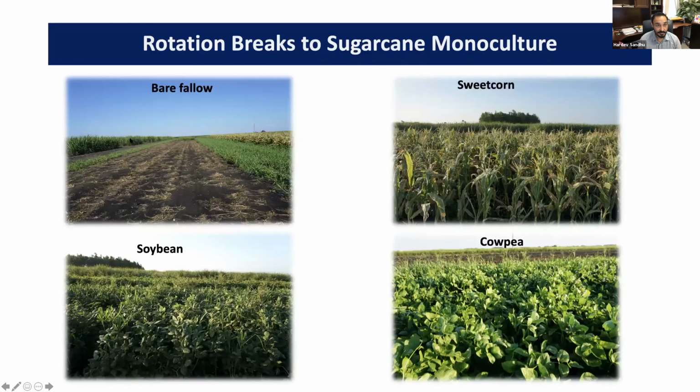These pictures show the bare fallow, where we didn't grow anything during the fallow period. Soybean was used as a crop rotation in the plots where we go with rotation crops, and the other rotation crops were sweet corn and cowpeas.